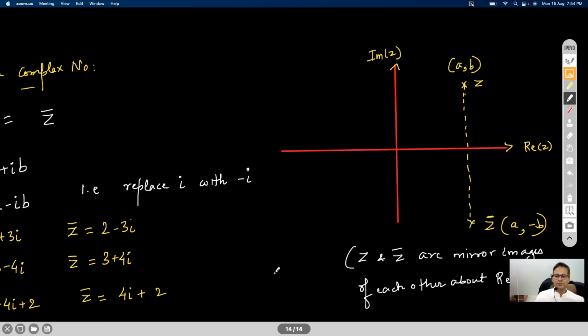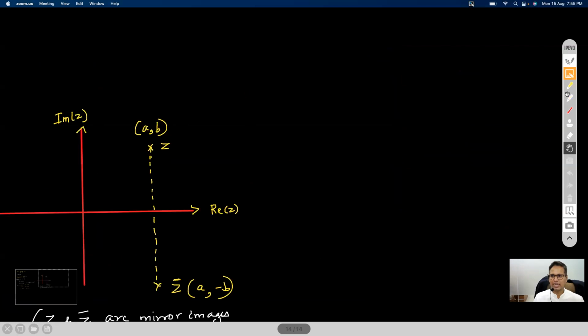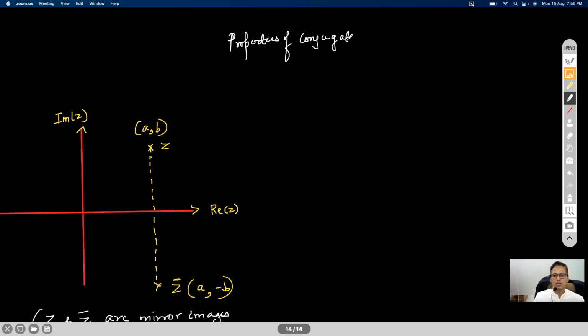Any questions? Now let us understand a few properties of Z conjugate, because that is going to help us do the division process. Properties of conjugate. First property: conjugate of a conjugate brings the same complex number back.